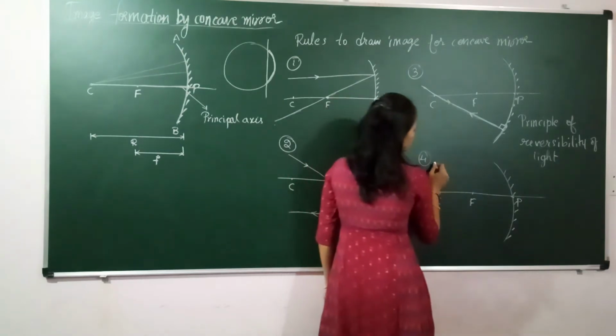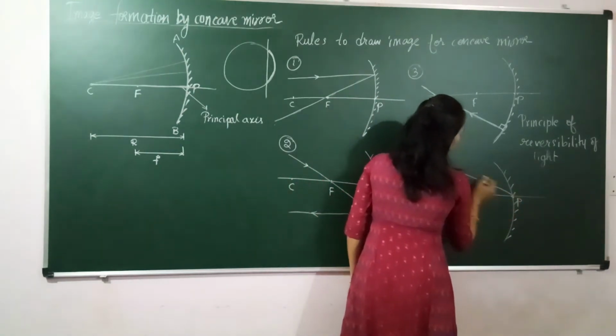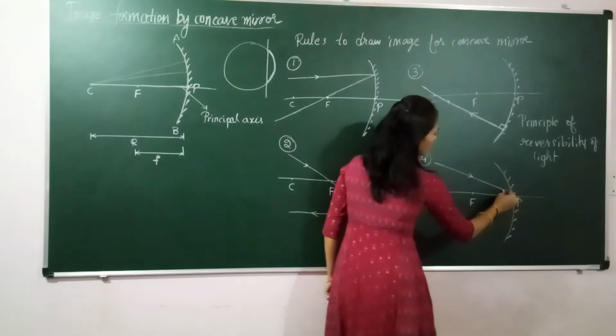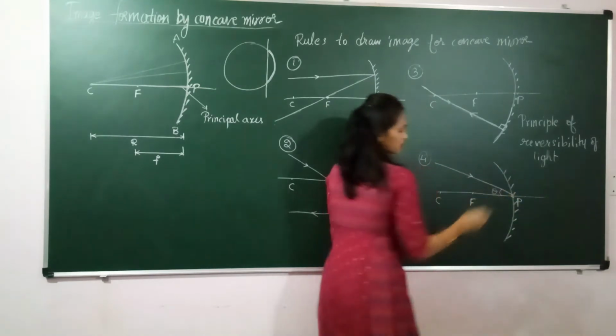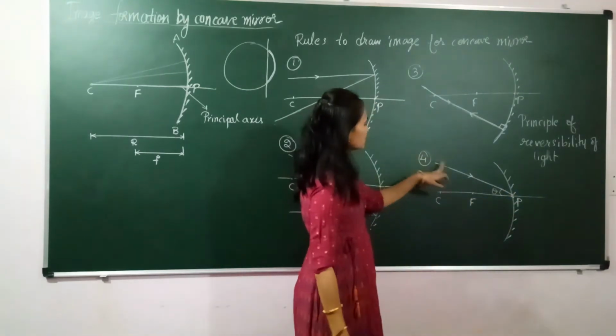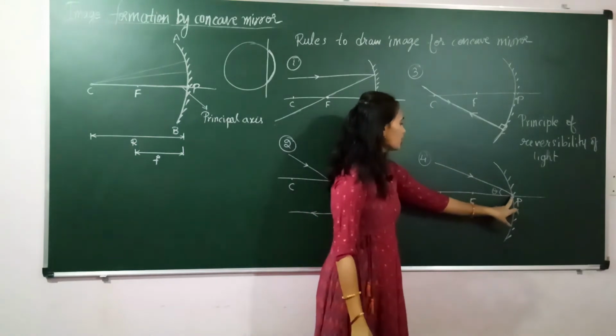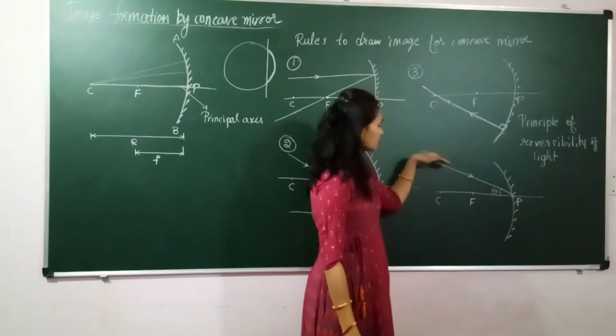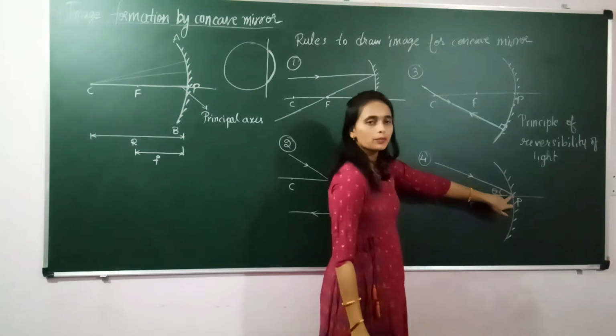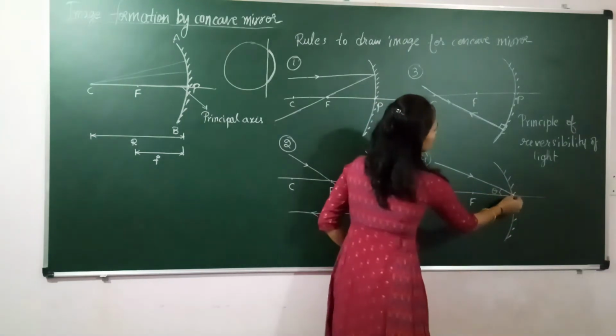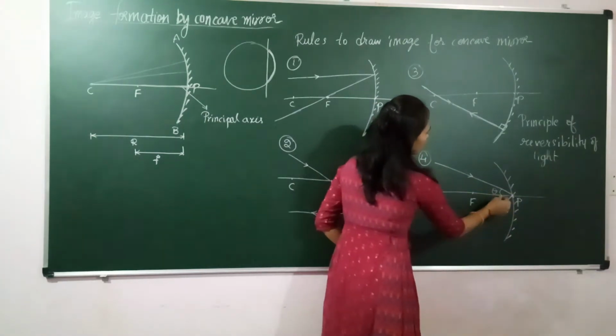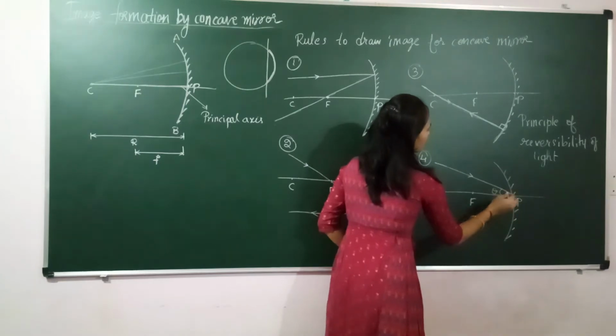If the incident ray is incident at the point P, making an angle theta with the principal axis. So see here, this is the incident ray which is joining at the point P. After that it will return back making the same angle theta.